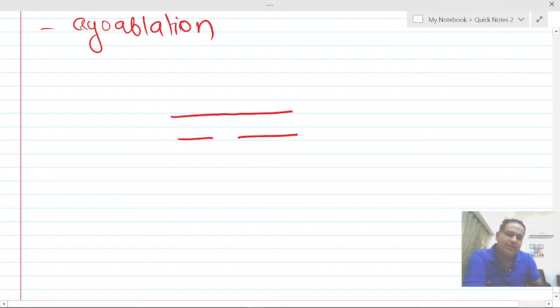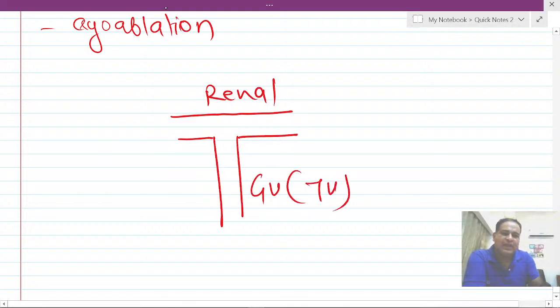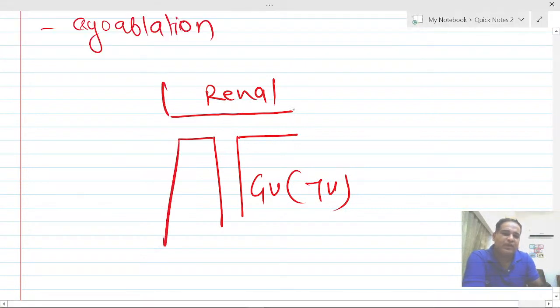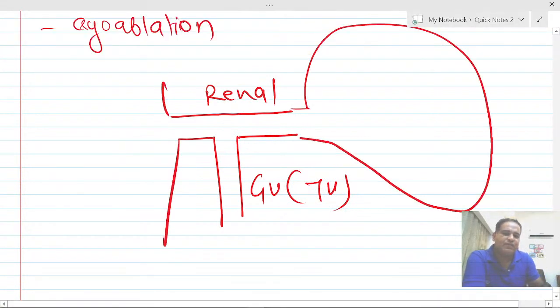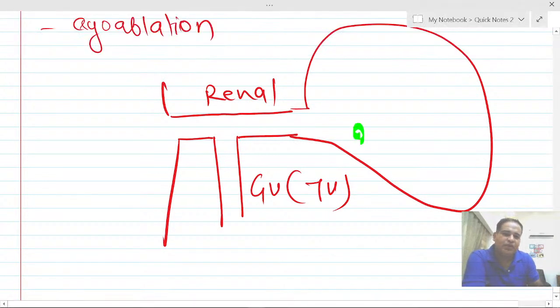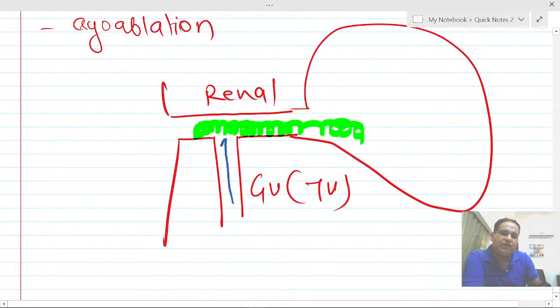Now, sometimes what may happen is that, let's say this is the renal vein. You see that the gonadal vein, the testicular vein, enters the left renal vein. Now, sometimes, I'm really sorry for the bad drawing, the tumor may block the flow of blood from the gonadal vein.